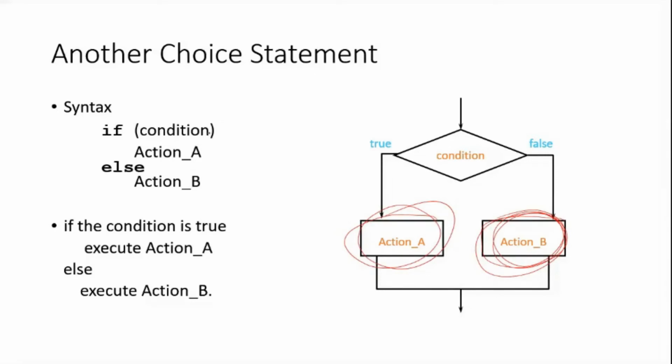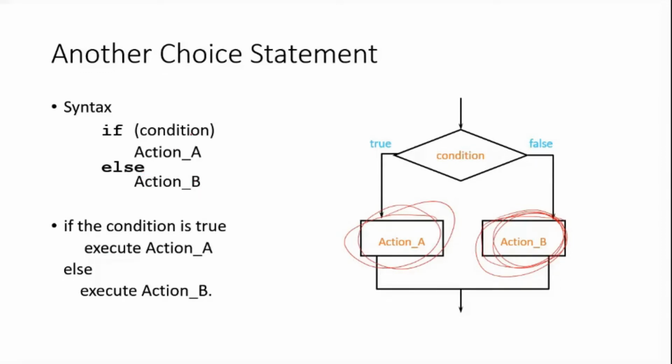The syntax of writing this choice statement is like this. If condition, we have to give within brackets the condition that is to be considered. If the condition is true, we perform action A, and else, which means the condition is false, action B happens.